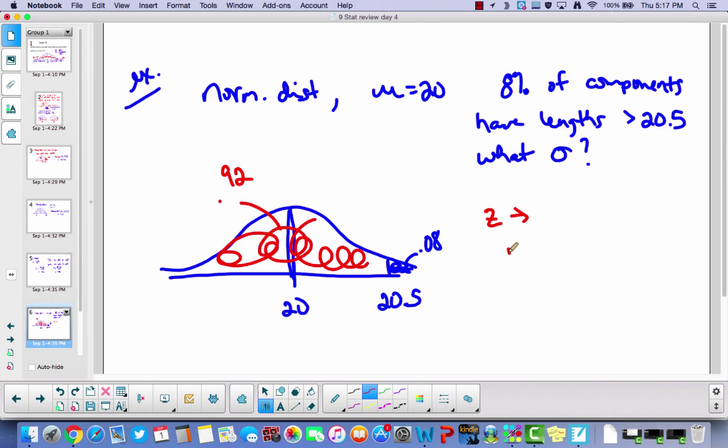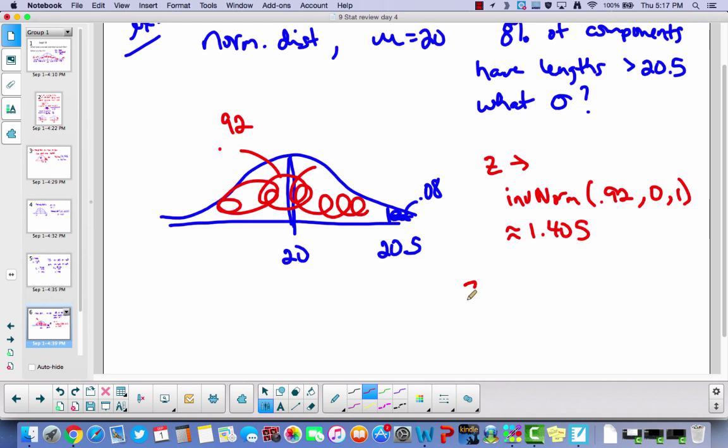And so we do the inverse normal of 0.92, because remember we always have to come from the left up. We get a z-score of approximately 1.405. Well, how can that then help us find our standard deviation?